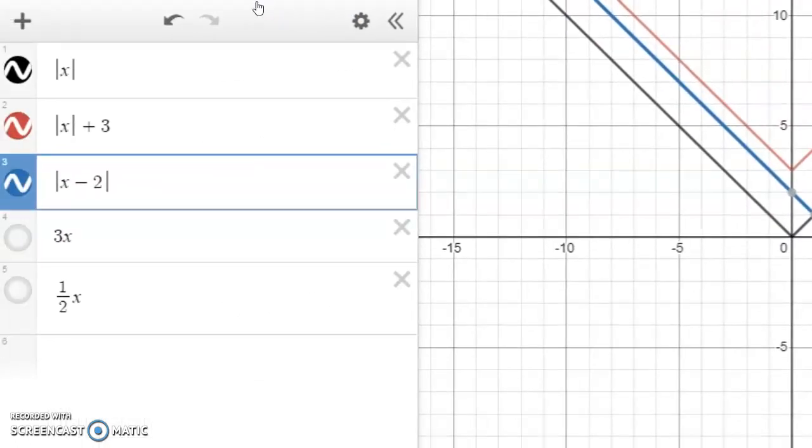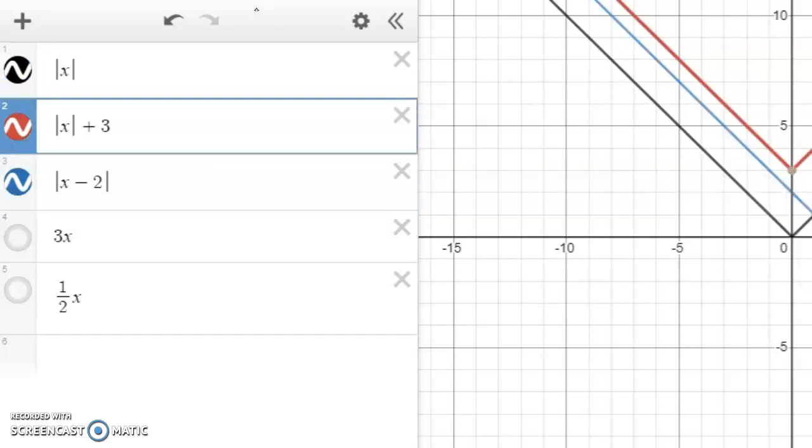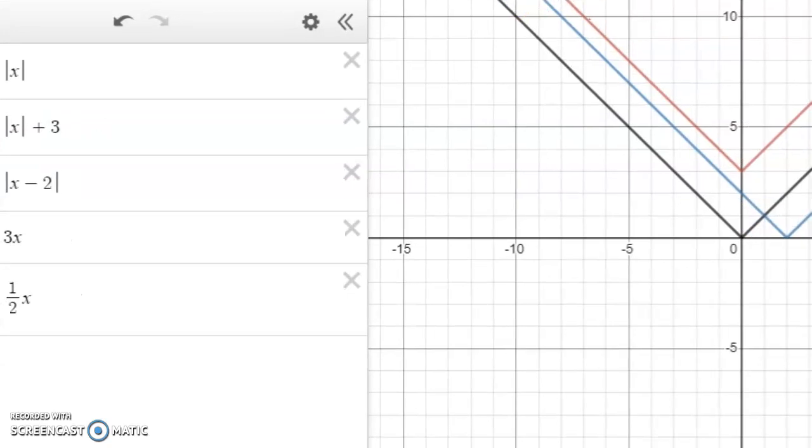So you've got the 3 different ones. Absolute value of x, which is this black one. The absolute value of x plus 3, which is right there, the red one. And then the absolute value of x minus 2, which is over here, the blue one. So you've got the different movements that it makes right there.